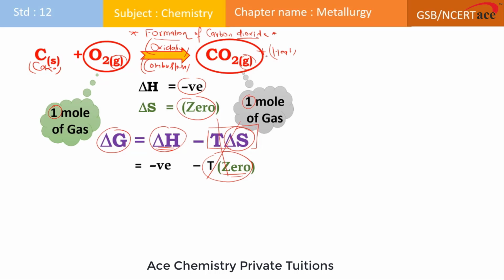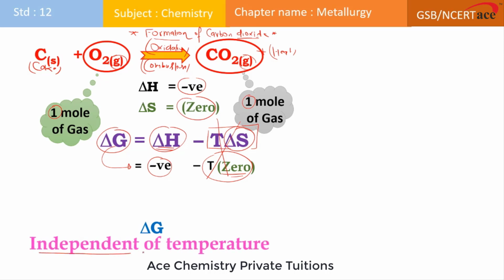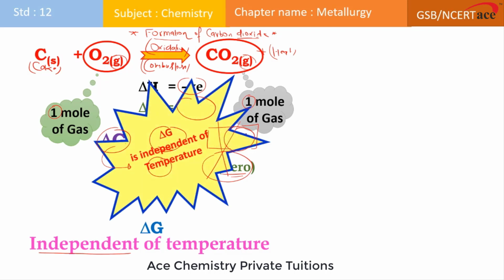Since this reaction is exothermic and the delta H value is negative, delta G will be negative at all temperatures. So can we say delta G is independent of temperature? Please remember, the delta G value will not be affected for the formation of carbon dioxide from coke. So delta G is independent of temperature.